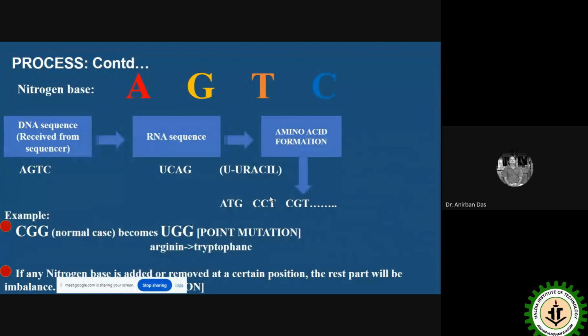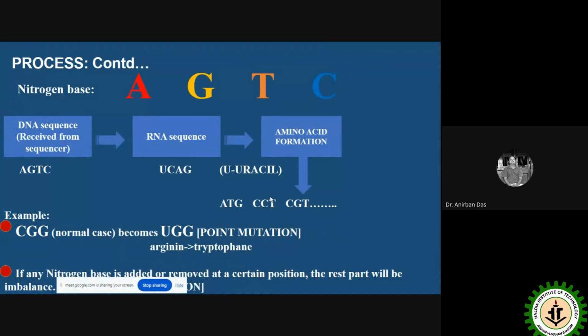Now the point is that the DNA sequence we receive can be converted into an mRNA sequence by changing one particular nitrogen base, and from the mRNA or RNA sequence, we can form the amino acid codon. As you know, our human body is basically protein, made of amino acids.